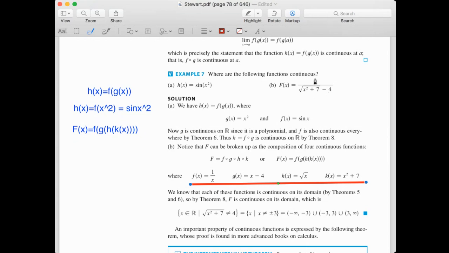You see the first part, f is 1 over something, big fat x. Then g is, you hand me something, I'm going to subtract 4. H is saying, give me something, I'm going to take the square root of it. And k of x is saying, give me something, I'm going to square it plus 7. So say 4 layers.